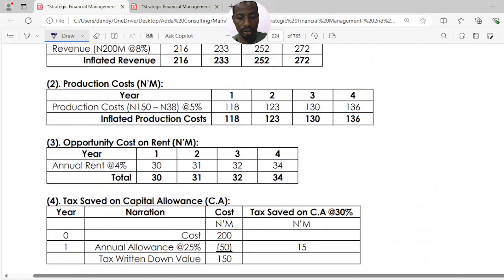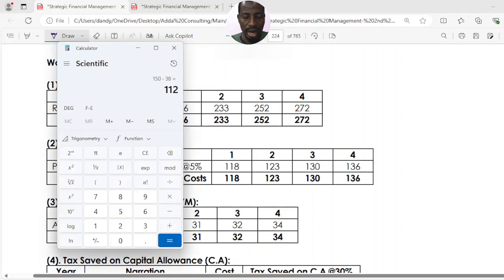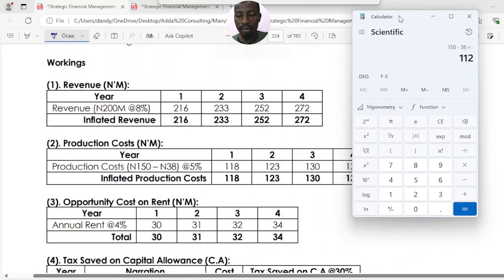We want to calculate working for revenue. Remember that 200 million naira is in current value terms. Because it's in current value terms, inflation should start from year 1. How do you inflate the revenue of 200 million?